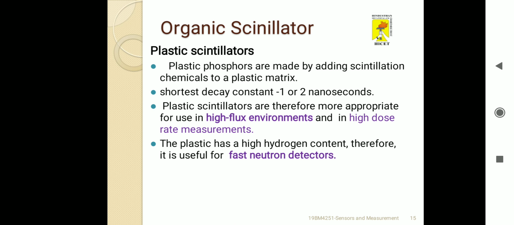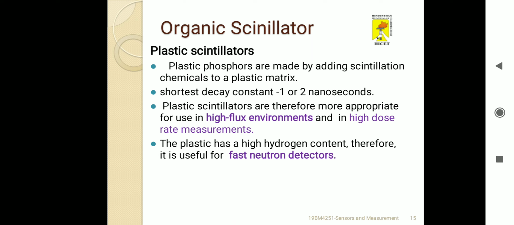Next are plastic scintillators. Plastic phosphors are made by adding scintillation chemicals to a plastic matrix. They have a very short decay constant, nearly 1 or 2 nanoseconds. Plastic scintillators are used in high flux environments and for high dose rate measurements.